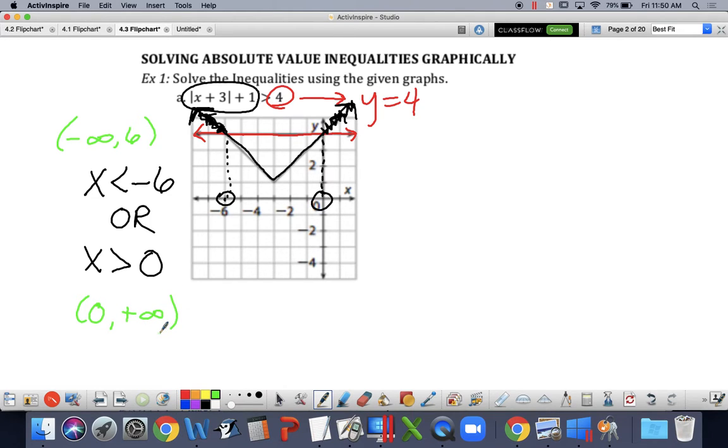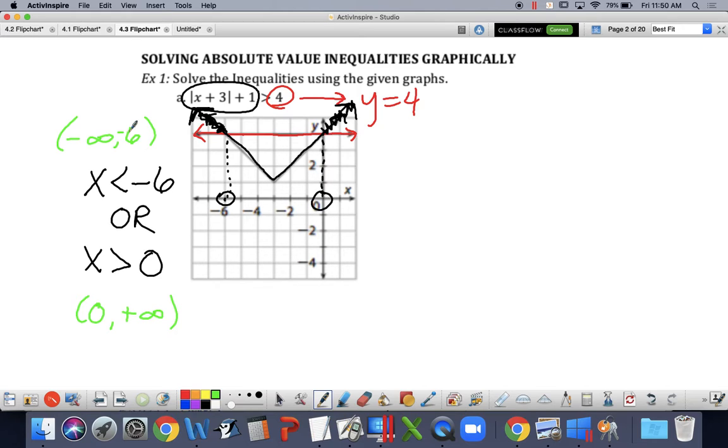These are still correct answers. But as I go through and solve the equations, I'm going to get stuff that looks like this. So if you do want to translate it from this inequality notation to interval notation, you can. Is that supposed to be -infinity to -6? Oh, sorry, thank you, -6. Thank you. Yep.